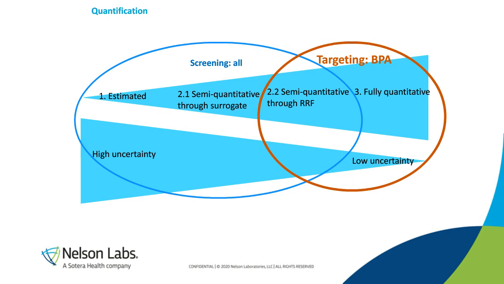So really what we're trying to do is overlap these, where we get some really good semi-quantitative estimations and identification using a robust response factor technique and a library review to be able to feel confident that we're able to identify and quantify, at least tentatively and semi-quantitatively, these CMRs, and allows us to go back and make a more targeted technique after we're seeing them in our screening technique.